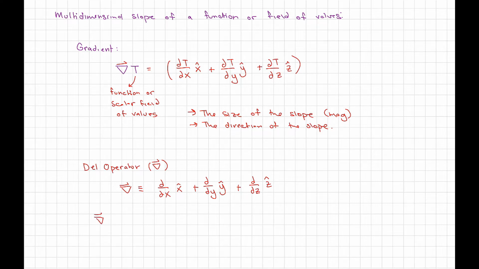Okay, so a few more things about the del operator that the book also points out. This operator, it's kind of like just looking at one of these partial derivative symbols. It's meaningless on its own, okay? Doesn't really mean anything if you read it all by itself. It's an operation, kind of like, right, this notation that we use to take the partial derivative, okay, that must be applied to a function to have meaning.